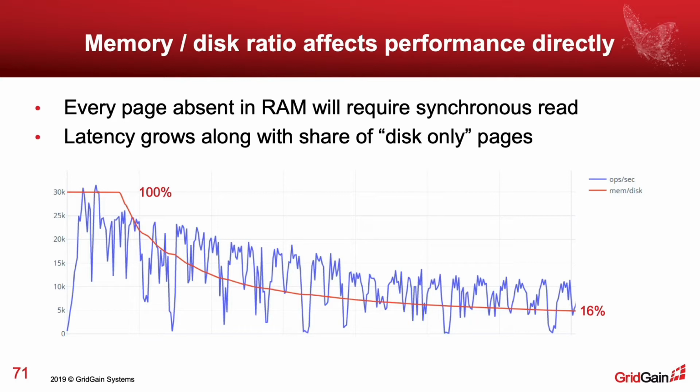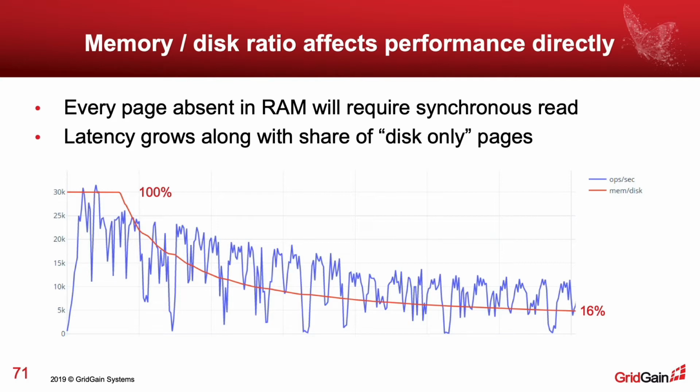And you may see that performance is good when you have 100%, when all pages are present, it's like a hot data case. But when your data moves from hot to cold, or perhaps when you just load more and more data, when it just doesn't fit in RAM, your performance degrades, approximately with linear dependency on your ratio.